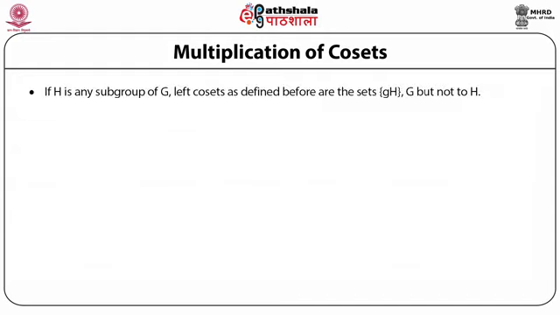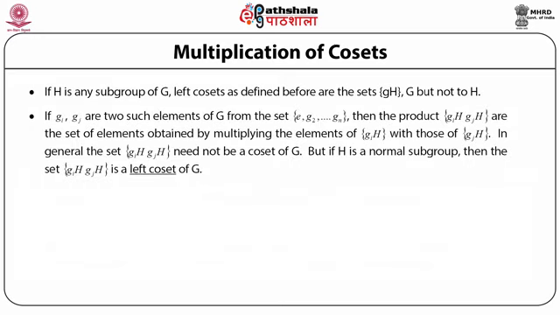If H is any subgroup of G, left cosets as defined before are the sets of elements gH, where g is any element belonging to the group G but not to the subgroup H. If gi and gj are two such elements of the group G from the set e, g2, gn, etc., then the product giH, gjH is the set of elements obtained by multiplying the elements of giH with those of the set gjH.